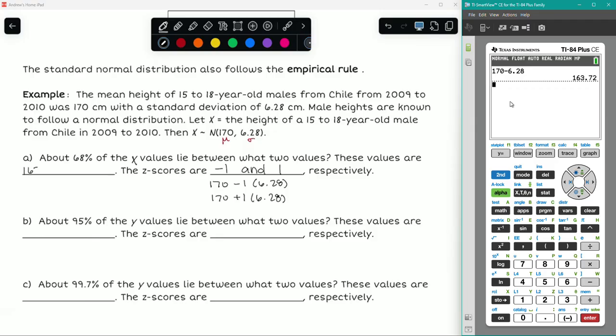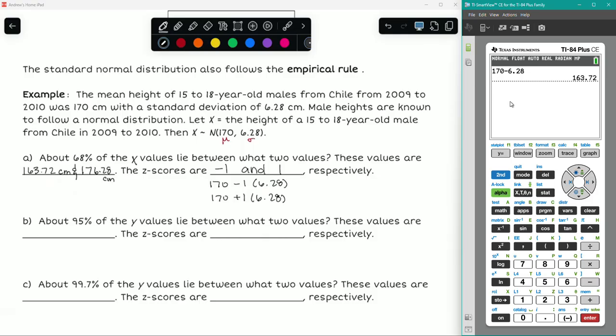So 163.72, and I'm assuming this is centimeters. And then adding, that one I can do, that's going to be 176.28 centimeters. So 68% of the heights of 15 to 18-year-old males from Chile in that stated time range should lie within these two heights or these two z-scores.